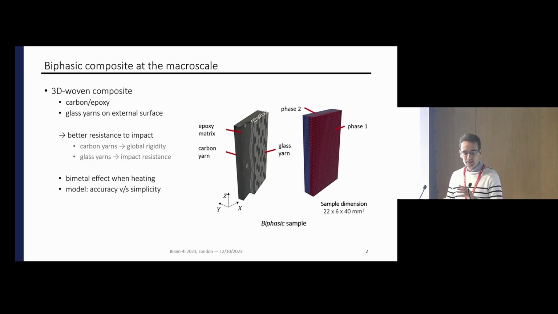And to be able to model this effect with a model as simple as possible, we need to consider two phases, the one you see here in red and in blue. What we want to check is whether such a simple model is able to properly produce the behavior of the part, and how to quantify the way it is reproduced.